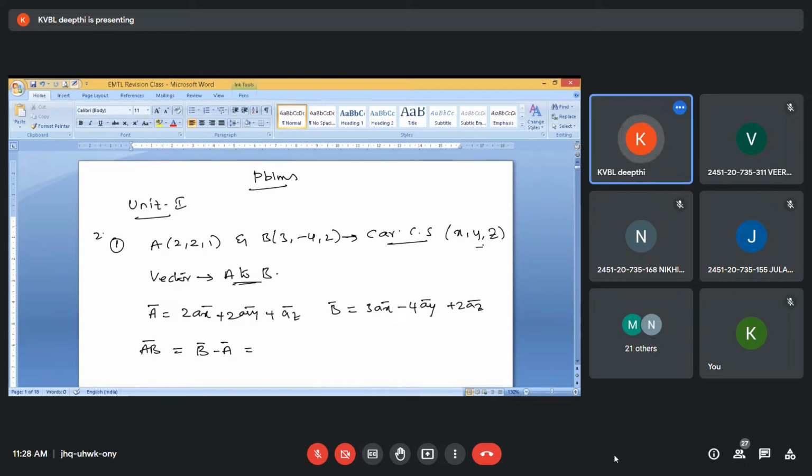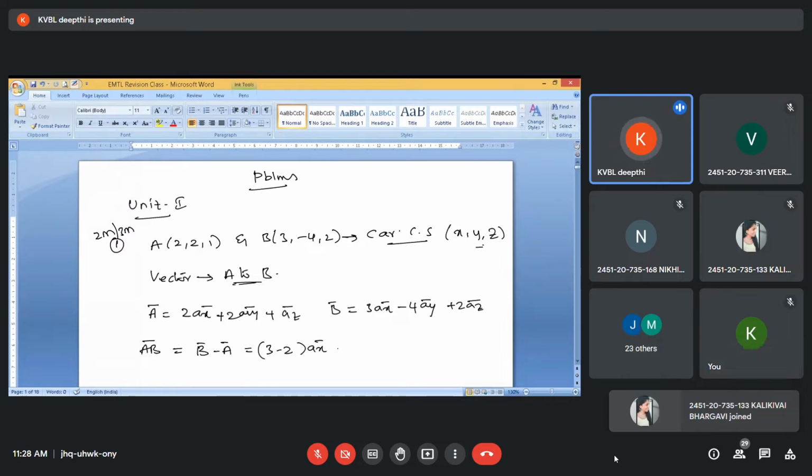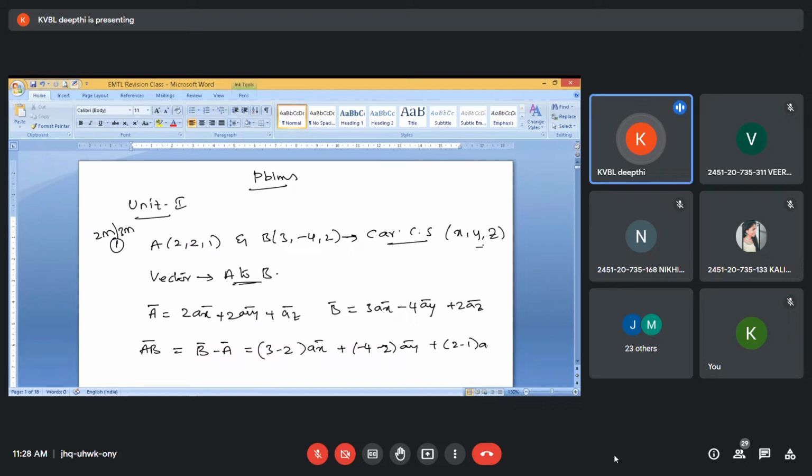This is for 2 marks or 3 marks. Generally they will be asking questions like this. So how do we write B bar minus A bar? 3 minus 2 for ax, writing the ax terms together first, plus (minus 4 minus 2) ay plus (2 minus 1) az.